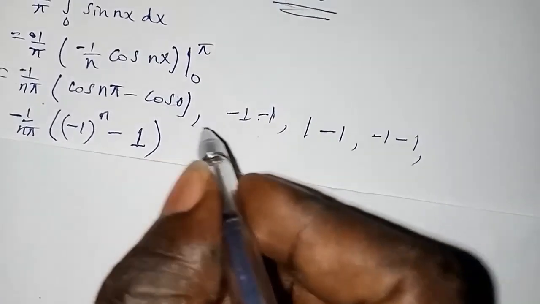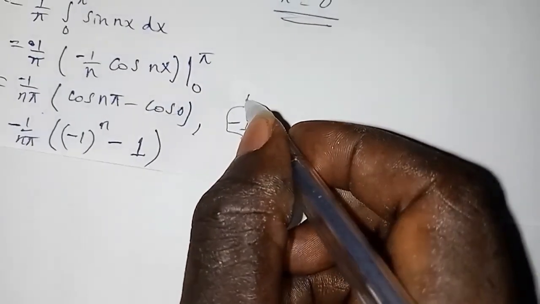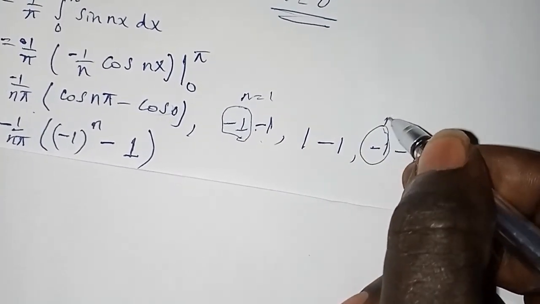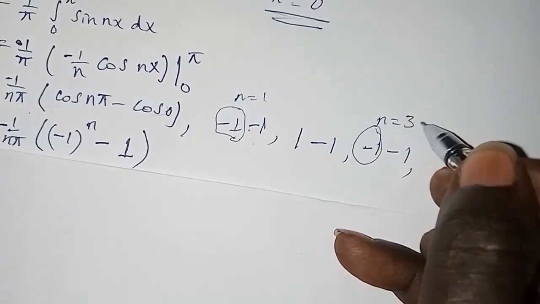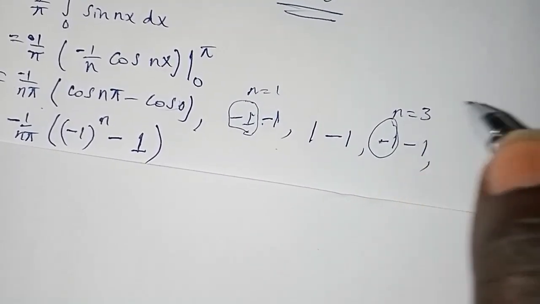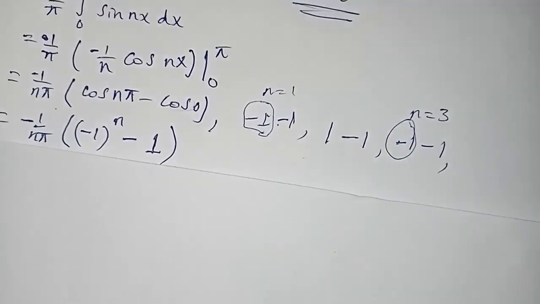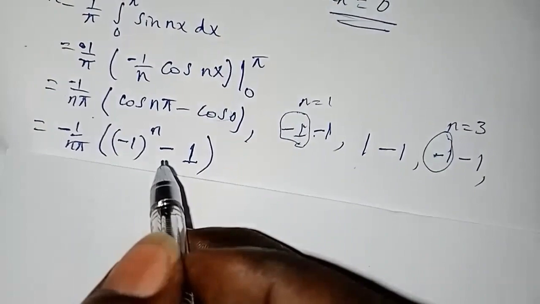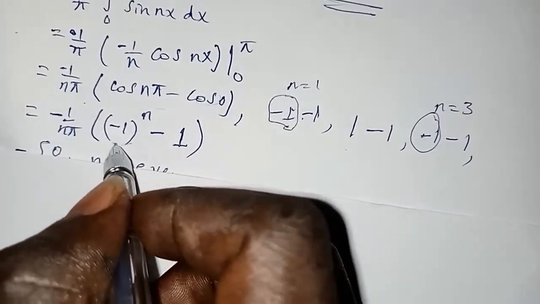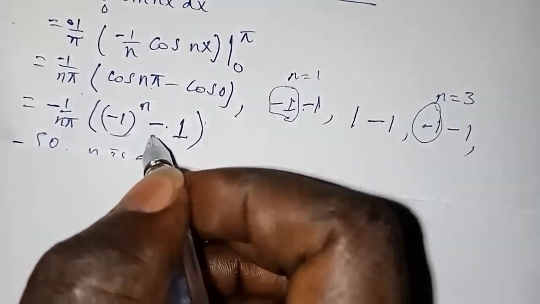If n is odd, n is 1, n is 3, and so on, then it is negative. If n is even, then it is positive. Then you can write cos n pi as negative 1 to the power of n, minus cos 0.